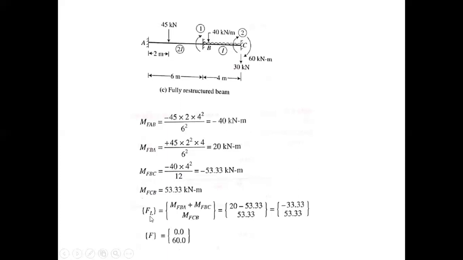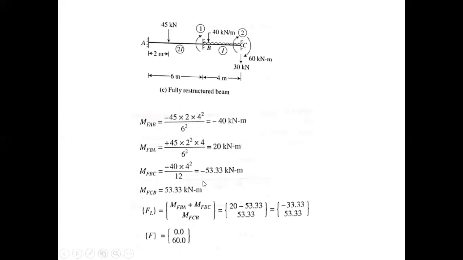Now the FL matrix will consist of F1L and F2L. F1L is here. This is due to MFBA and MFBC. MFBA was 20 and MFBC was minus 53.33. This comes to be minus 33.33. Similarly, F2L is this. This is due to MFCB.